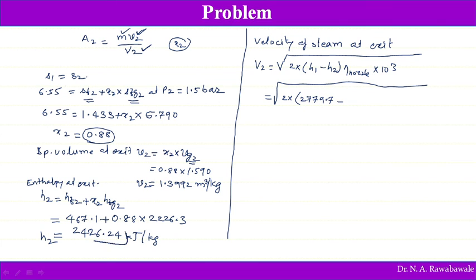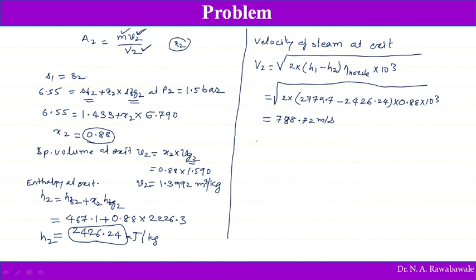This is 2424 into nozzle efficiency, 88%, meaning 0.88, into 10 to the power of 3. On calculation we get velocity at exit as 788.72 meters per second. So exit velocity is known.